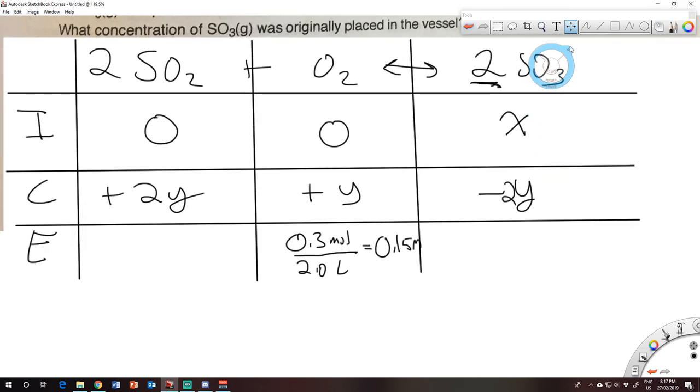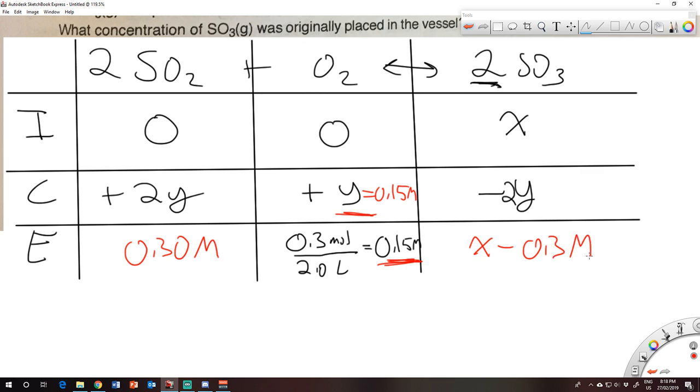From this data we can calculate y, because if we started with no O2 and end up with 0.15 molar, the change y must be 0.15 molar. So 2y is 0.30 molar, or 0.3, depending on how many significant figures you keep. And then SO3 will be x minus 0.3 molar. Now we've got all the equilibrium concentrations.